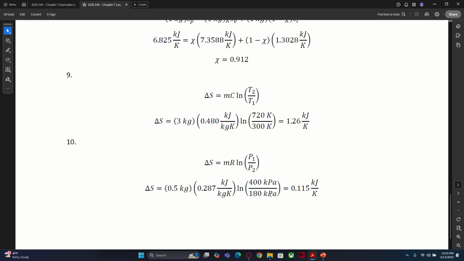Kilopascals over kilopascals cancel. It's just kilojoules per Kelvin, acceptable units of entropy change. And our magnitude is 0.115. So the change in entropy for that sudden transition is 0.115 kilojoules per Kelvin.